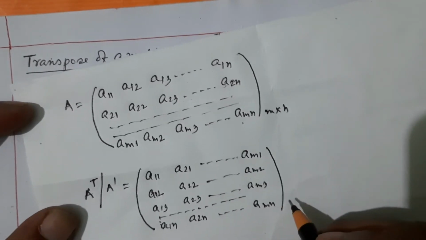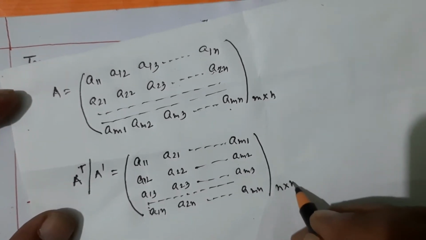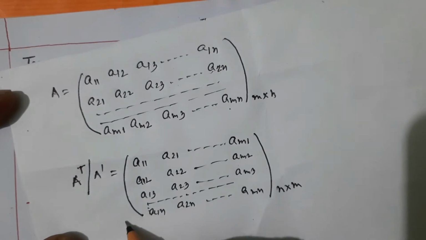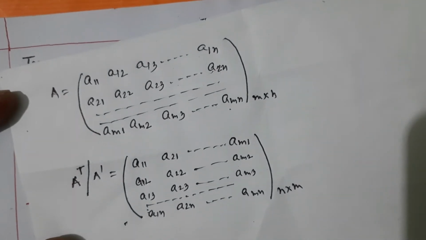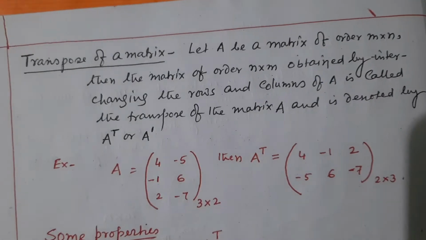So this is the matrix of order n cross m, and this matrix is known as the transpose of a matrix. Let us give an example.